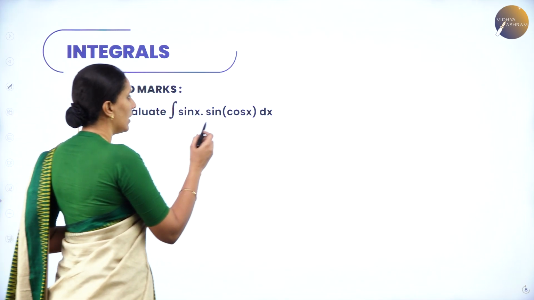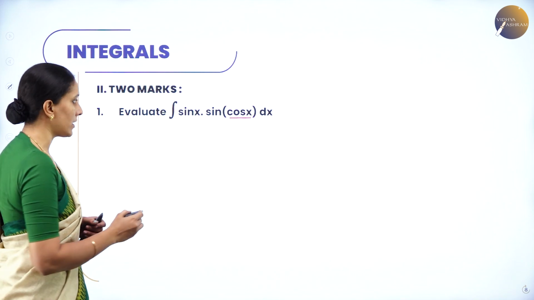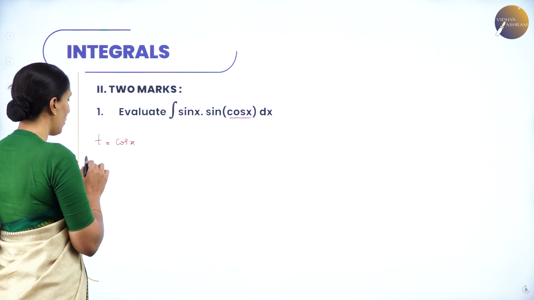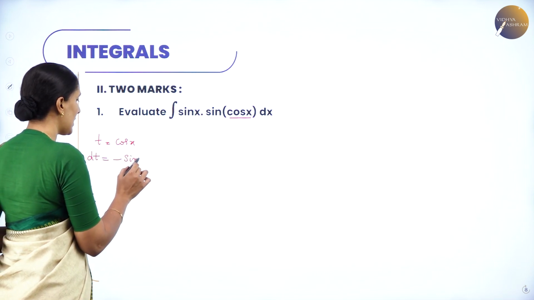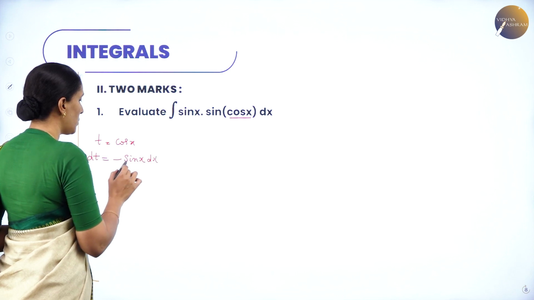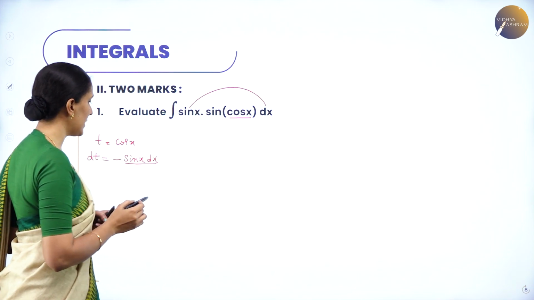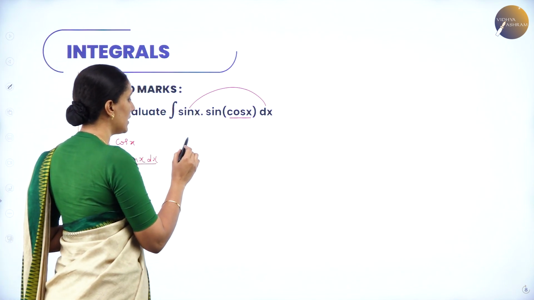Since sin of cos x is given, let us take t is equal to cos x. If we take t is equal to cos x, differentiate on both sides, then we will get dt is equal to minus sin x dx. So instead of sin x dx here, I can substitute minus dt, and here I can make it as sin t.